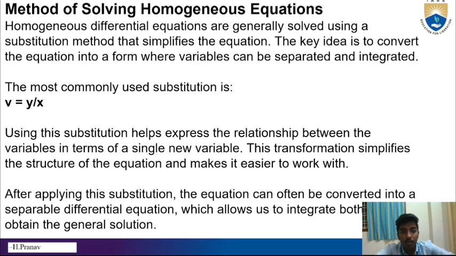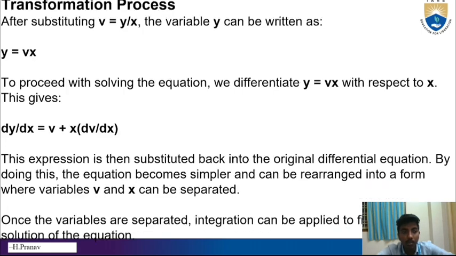Using this substitution helps express the relationship between the variables in terms of a single new variable. This transformation simplifies the structure of the equation and makes it easier to work with. After applying this substitution, the equation can often be converted into a separable differential equation, which allows us to integrate both sides and obtain the general solution.